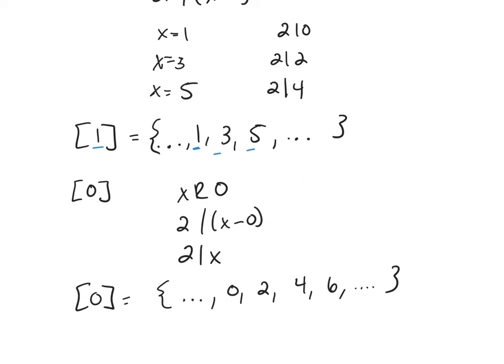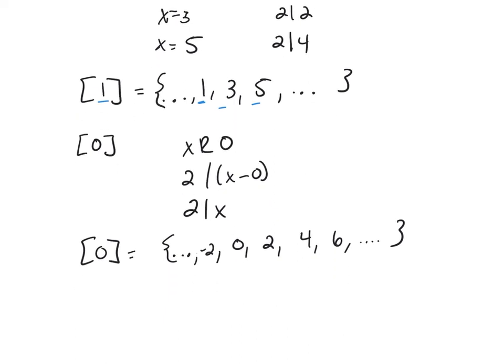And you do have negative numbers. I didn't include any here, but I could have also written down -2. So here are some elements of the equivalence class of 0. Again, 0 will be in this set because this is an equivalence relation. It's reflexive, so 0 has to relate to 0. But then I get these other elements.